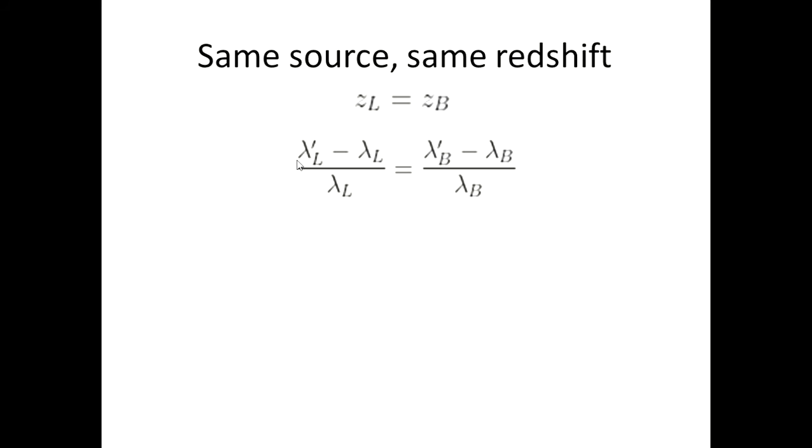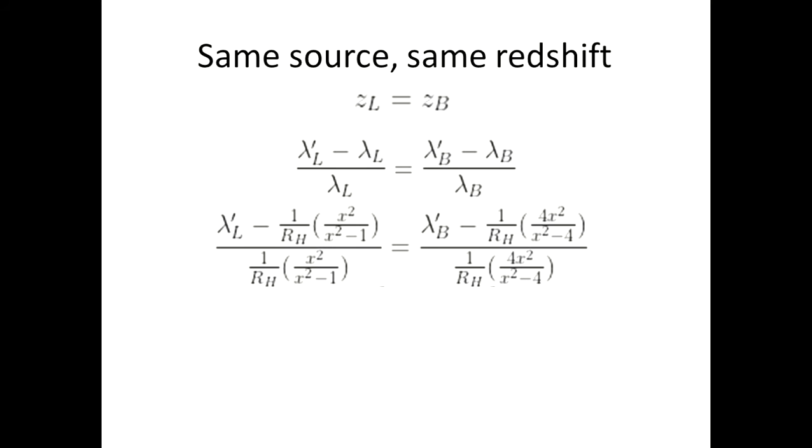Well, we can now mathematically compare the things that we already found out earlier. So we substitute in the values for their initial wavelengths here. Don't worry about the lambda accent or the redshifted wavelength.